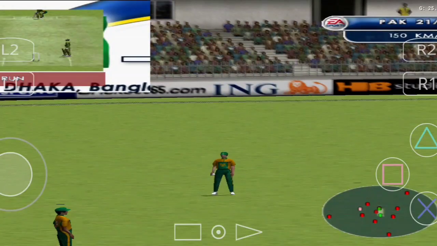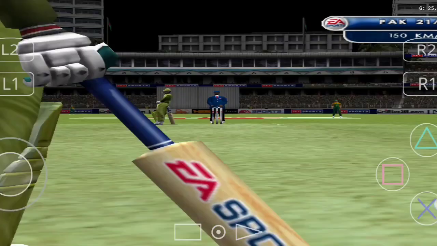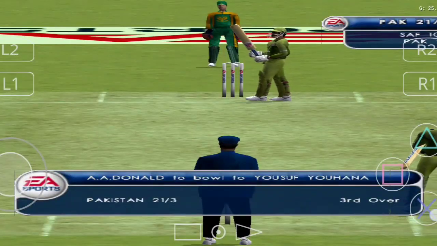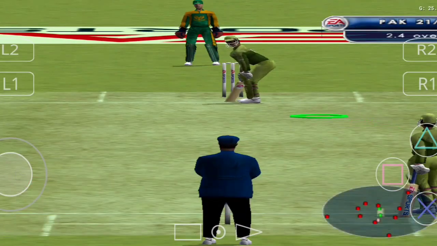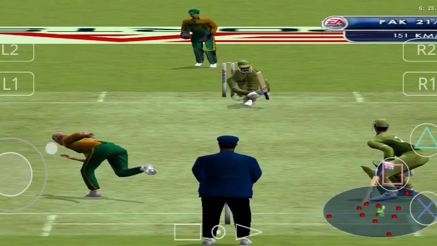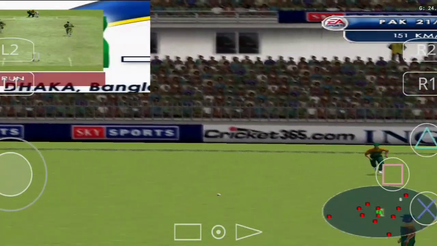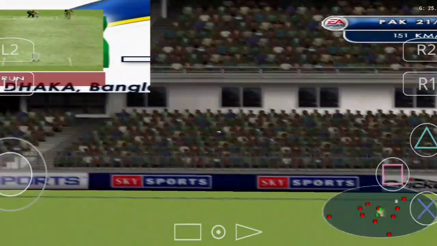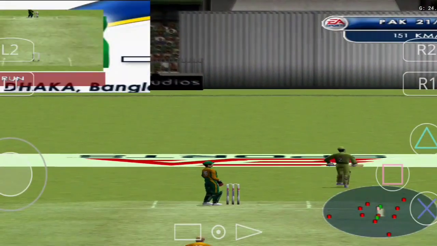Hit straight to a fielder. Donald at the start of his run-up. Those are the first runs for Yusuf Yahana.